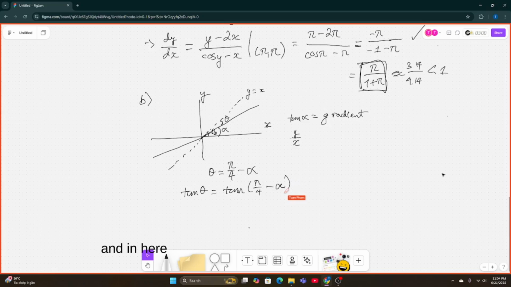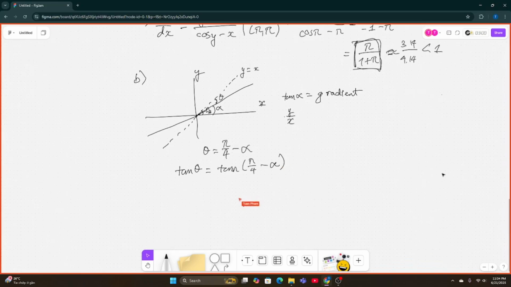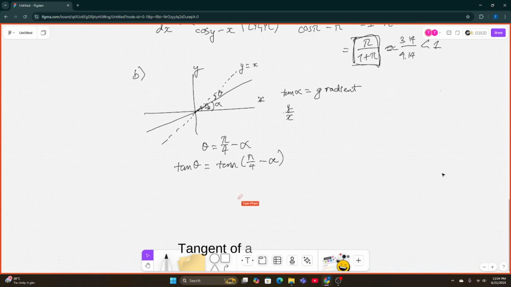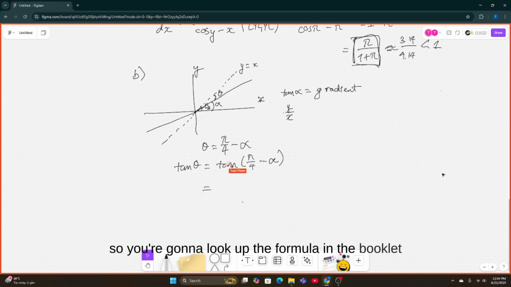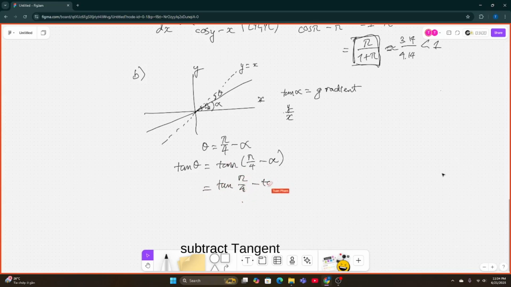And in here, you need to apply some very rigorous trigonometry identities. Tangent of a minus b, you're going to look up the formula in the booklet. So this is equal to tangent pi over 4 subtract tangent of alpha, divided by 1 plus tangent pi over 4 tangent alpha.